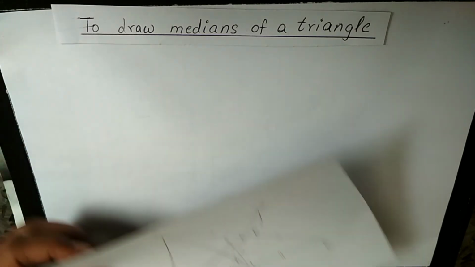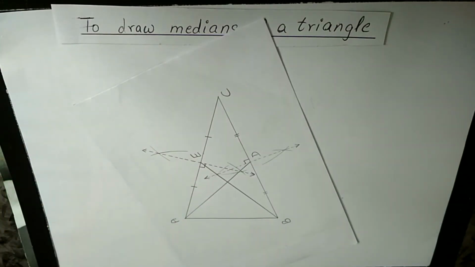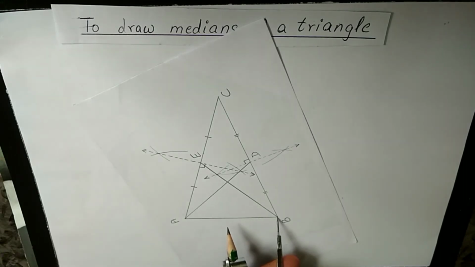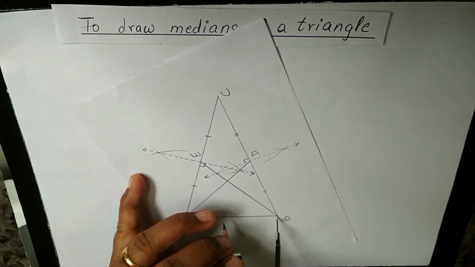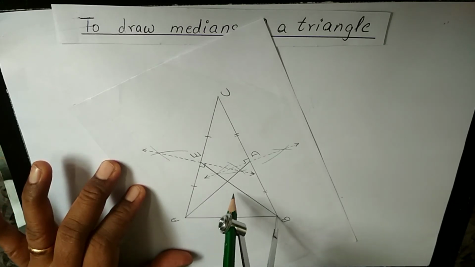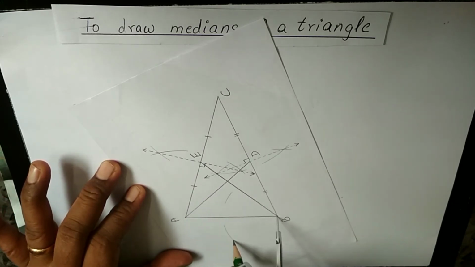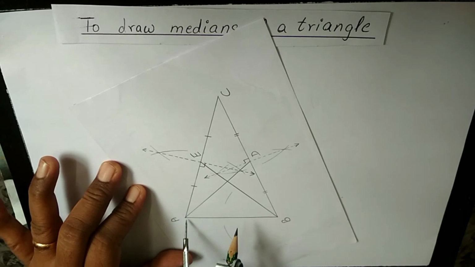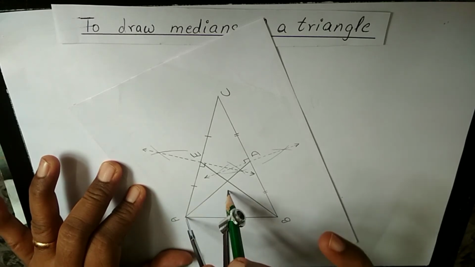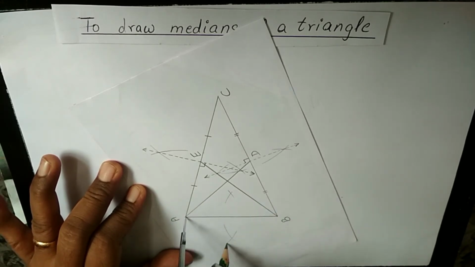Similarly, let us draw the third perpendicular bisector. So side AB, let us take more than half. Okay, more than half, a cut above and below, and without changing from point A as well, a cut above and below.